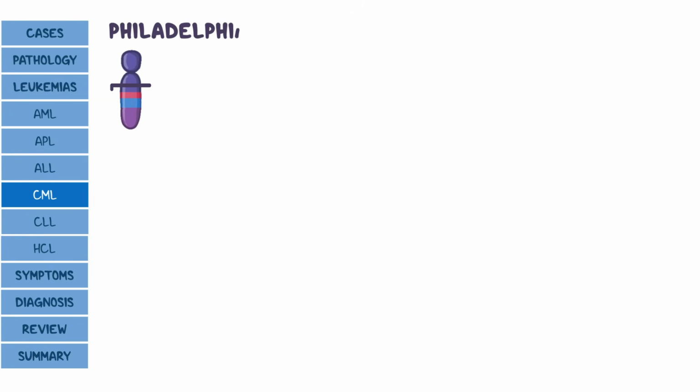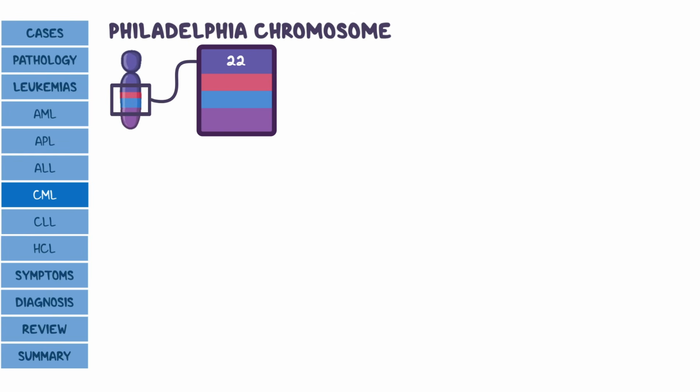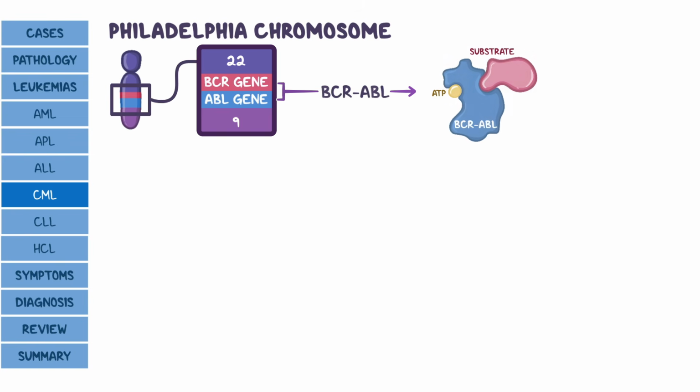So in the Philadelphia chromosome, a chromosome 22 gene, which is the BCR gene, ends up sitting right next to a chromosome 9 gene, the ABL gene. When they're combined, it forms a fusion gene called BCR-ABL, which codes for a protein also called BCR-ABL, which is a constitutively active tyrosine kinase, meaning that BCR-ABL is like an on-off switch stuck in the on position.